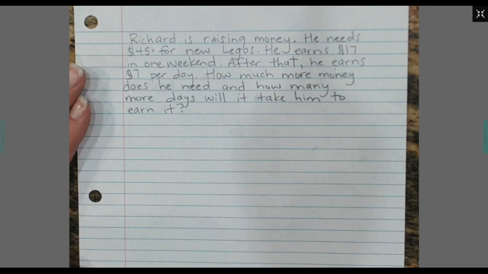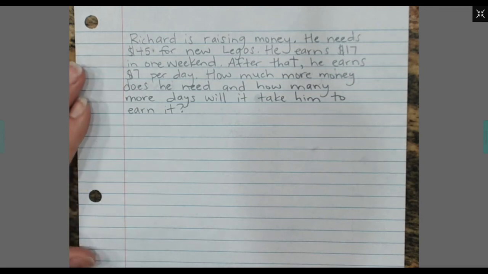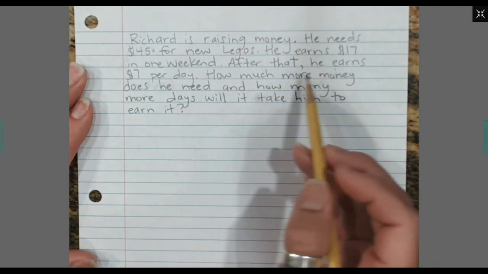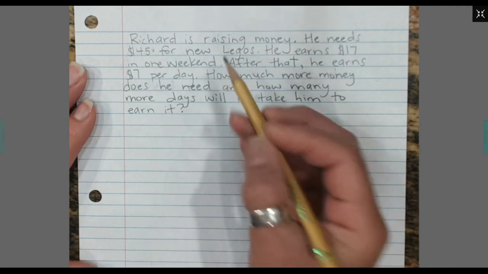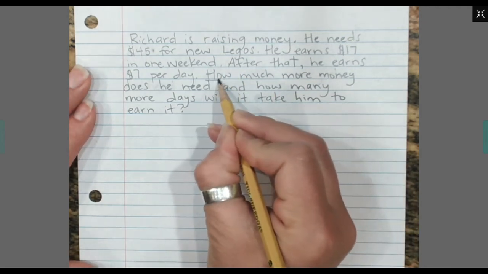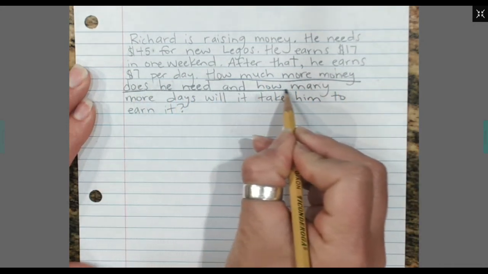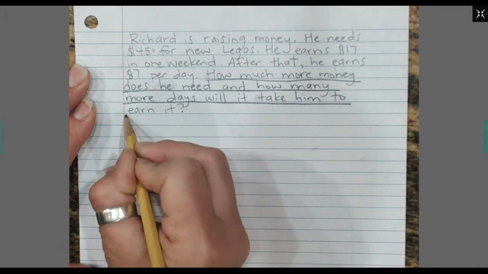So we're going to go back to that RDW process, and there were three things that we needed to make sure we did while we're reading the problem. Do you remember what those three things were? One of them is to underline the question. So we go back and we reread, and the question always has a question mark. So we're going to underline that question: How much more money does he need, and how many more days will it take him to earn it?